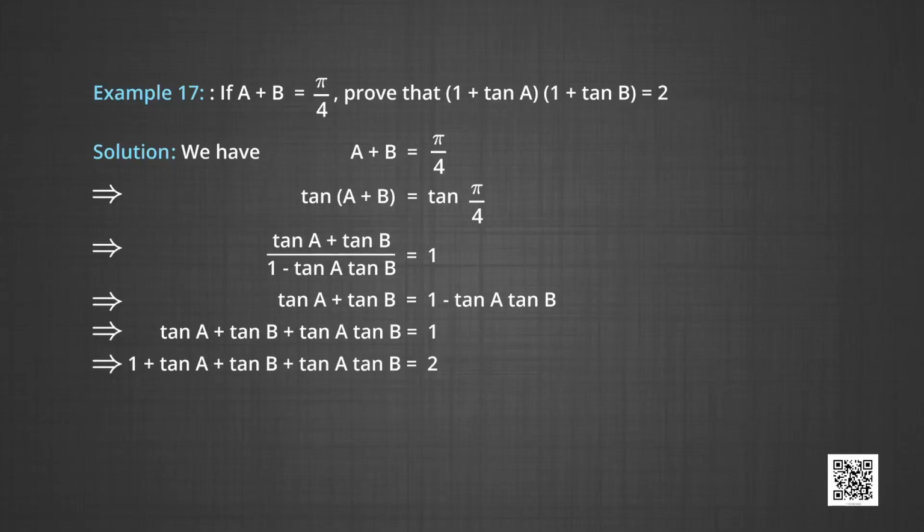So, 1 plus tan a plus tan b plus tan a into tan b is equal to 2. Now, from the third and the fourth term, we take out tan b common and simplify. We get 1 plus tan a into 1 plus tan b is equal to 2.